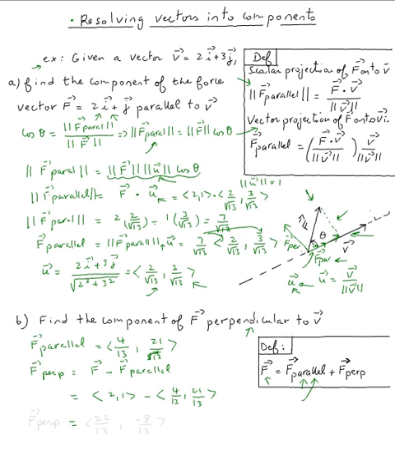Which is equal to, 2 minus 14 over 13 will be what? 26 minus 14, 26 minus 14 is 12, so 12 over 13, and then 1 minus 21 over 13, 13 minus 21 is minus 8, so it's minus 8 over 13. So this is F perpendicular, and that's it for this example.